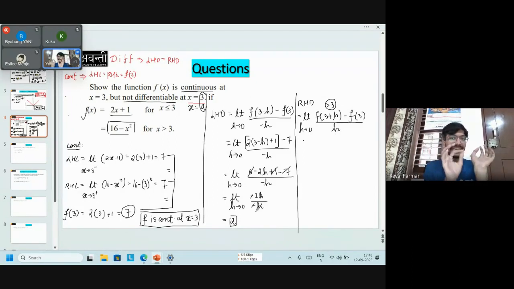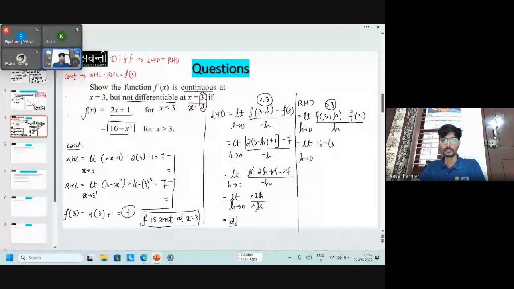That means 3 plus h is greater than 3. Simple. Here it was less than 3 because h is getting subtracted from 3. So it will be limit h tends to 0, this definition 16 minus 3 plus h the whole square. I am again directly writing 7 upon h.